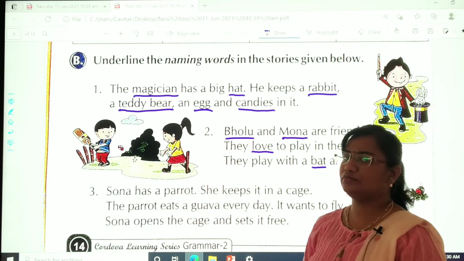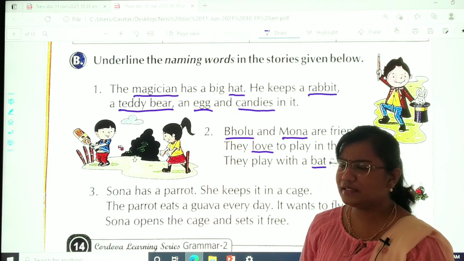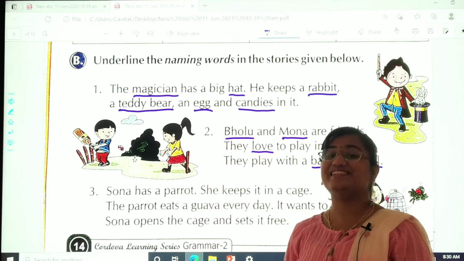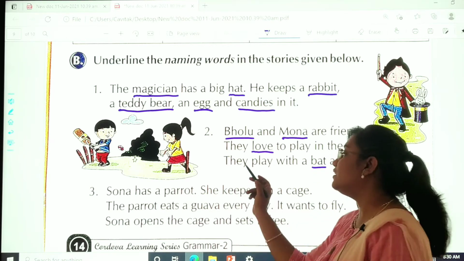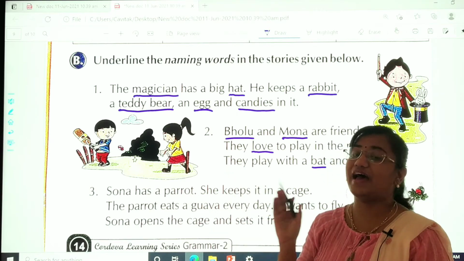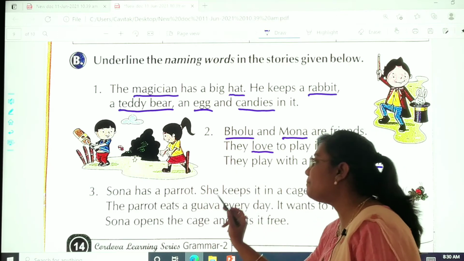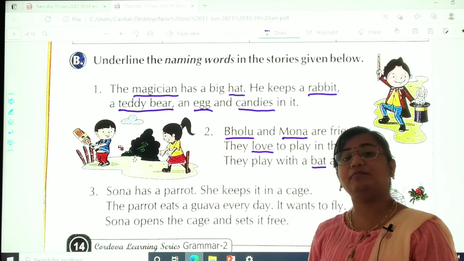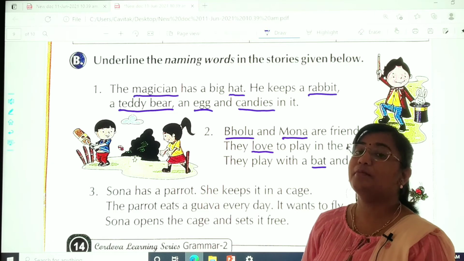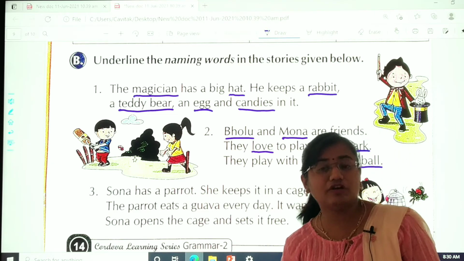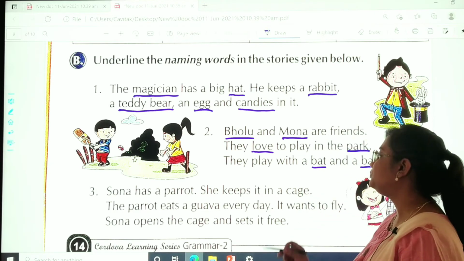Then, parrot. Shall we underline this? Yes, dear children, because this is name of an animal. It is a parrot, and parrot is a name of a bird or a living creature, we can say, right?